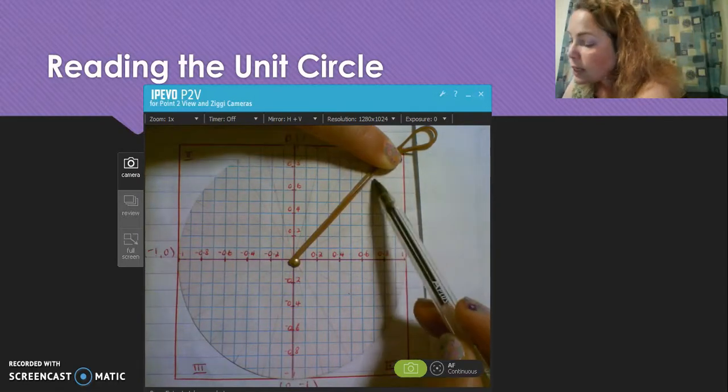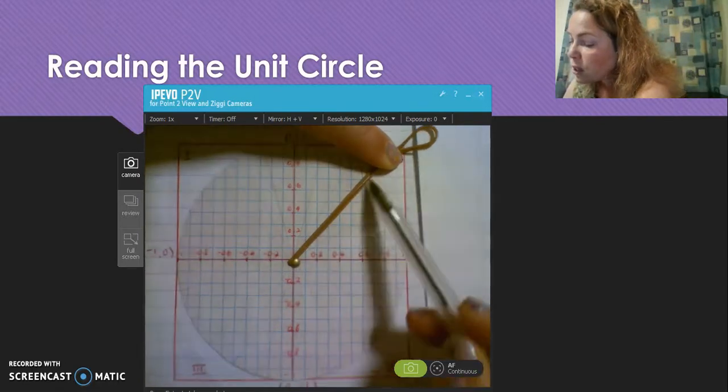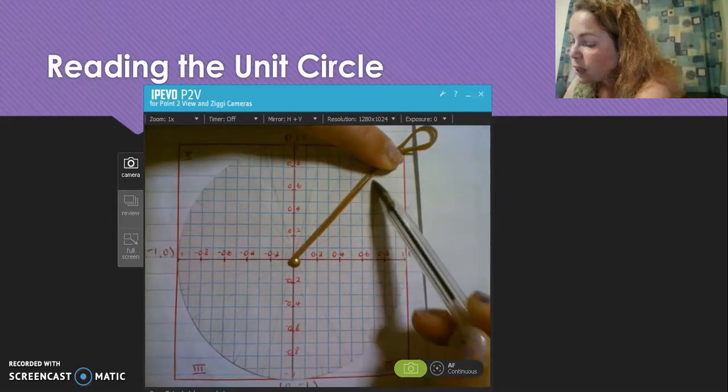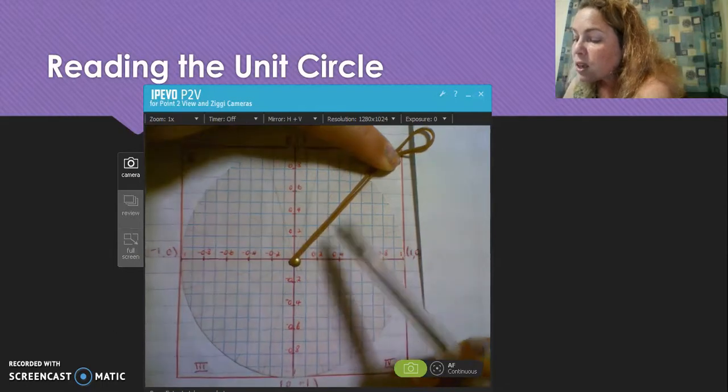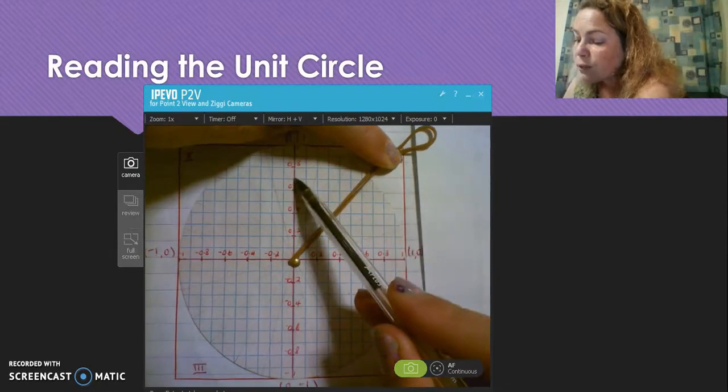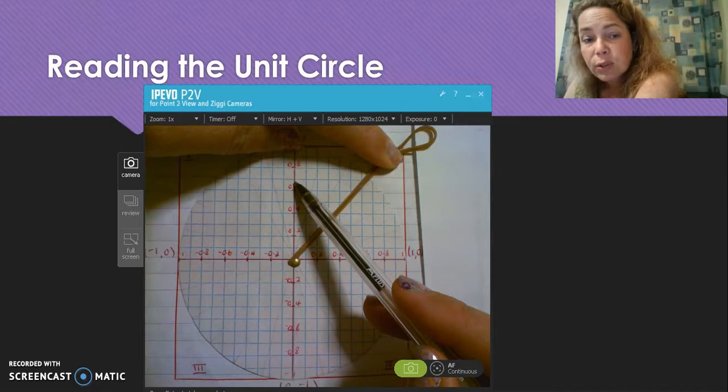So in this case, if I go across here, I read that across. So sine of 45 degrees is around 0.7.